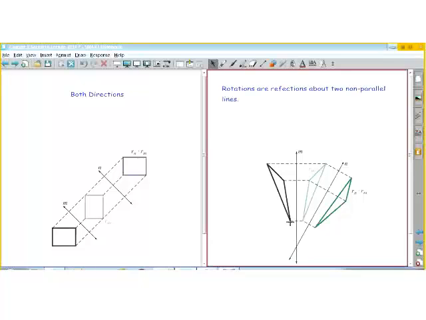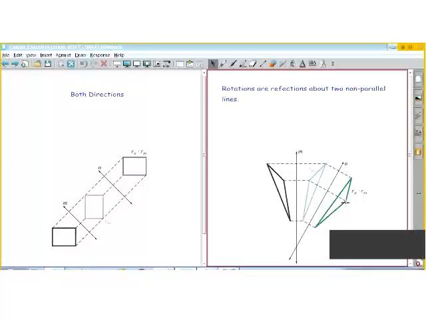All these points here are the same distance from the center of rotation. The distance from here to here is the same as the distance from there to there. So that's what rotation is. But until I taught this class, I never thought of it as 2 reflections across non-parallel axes. So it was a new way of thinking about it.